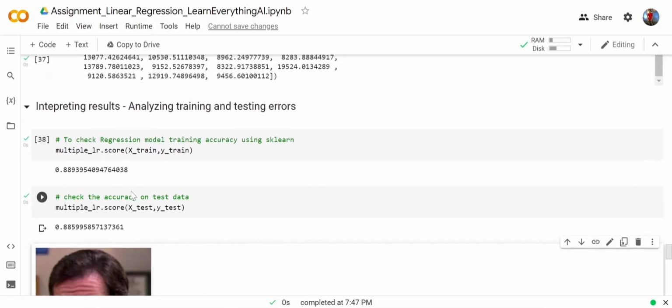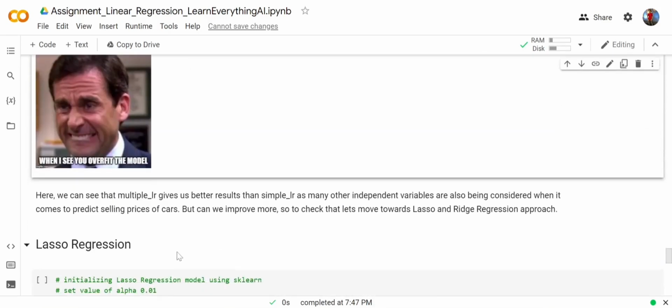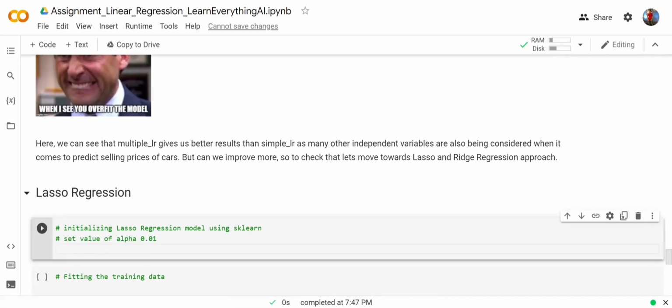But we can check this with the simple lasso regression and the ridge regression, because it can happen that the model might overfit because of such a large accuracy value. It can happen sometimes, and to verify that, we will use the lasso and the ridge regressions to just verify whether our model is not overfitting.